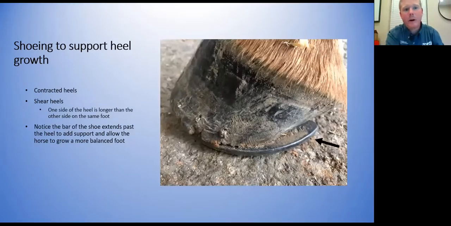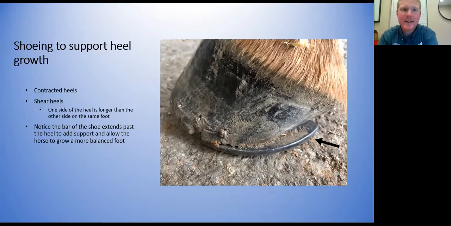And the other part of shoeing, and you can see this on some of these horses with contracted heels and with sheared heels, so you have a high-low situation where one side of the heel, if you look at the hoof, is longer than the other side. So you have a sheared heel effect. Farriers will actually extend the bar of the shoe past the level of the heel and add support.